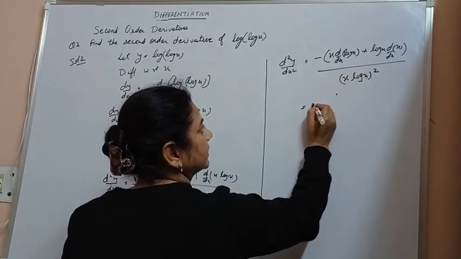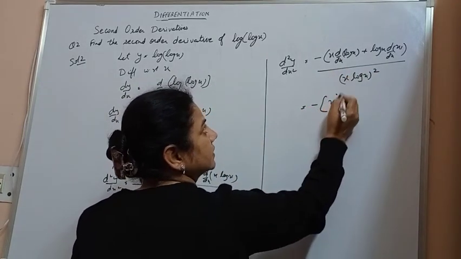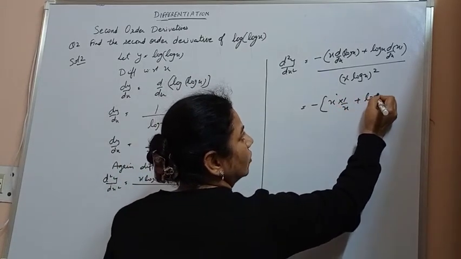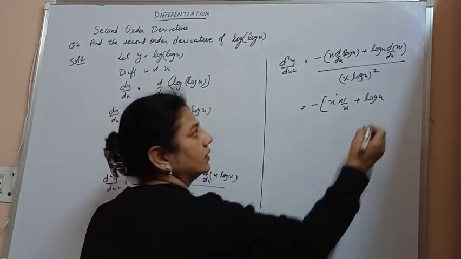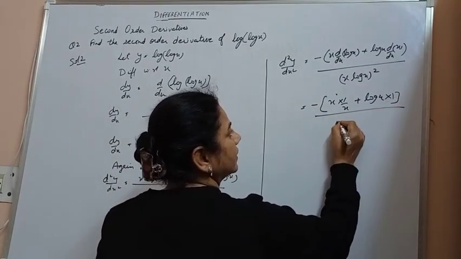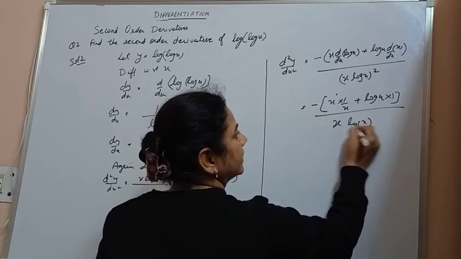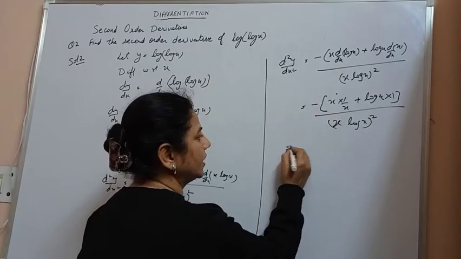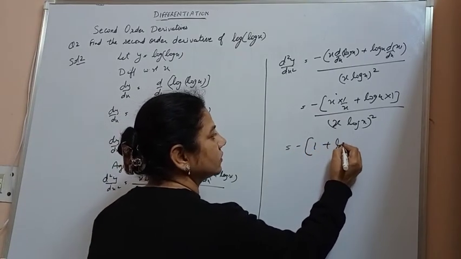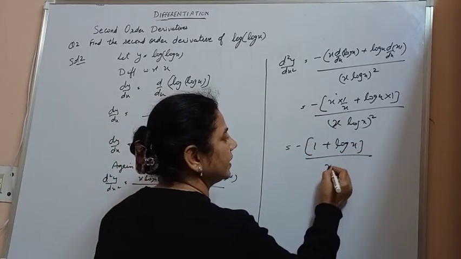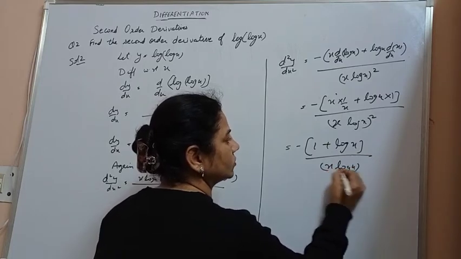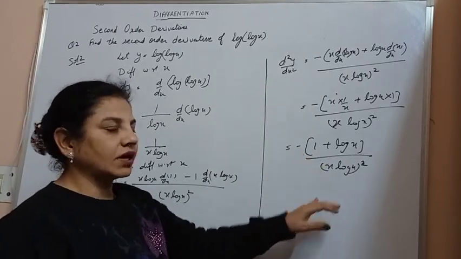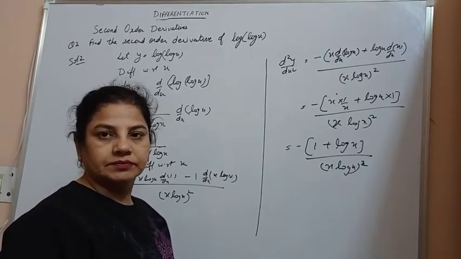This gave me the result as minus x into the derivative of log x, 1 by x, plus log x into the derivative of x, which is 1, divided by x log x whole square. x divided by x becomes 1. So I have minus 1 plus log x divided by x log x whole square. So the second derivative is minus 1 plus log x divided by x log x whole square.